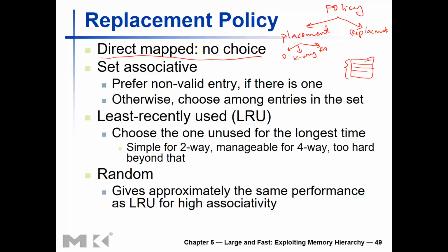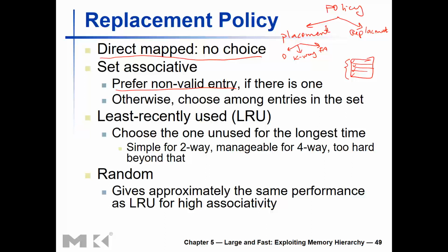We prefer a non-valid entry, because a non-valid entry means it has not been occupied, so you can use it, which means there is no copy back, by the way. But if all of those have valid entries, meaning all blocks are occupied in that set, then I need to kick one out.